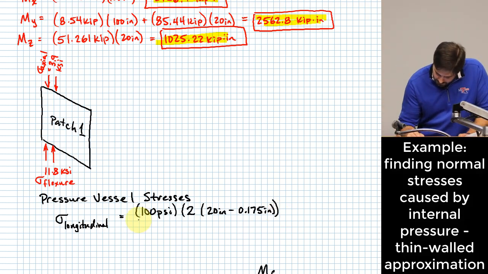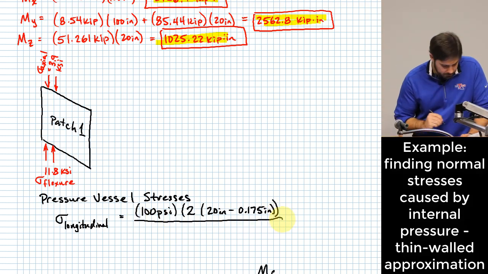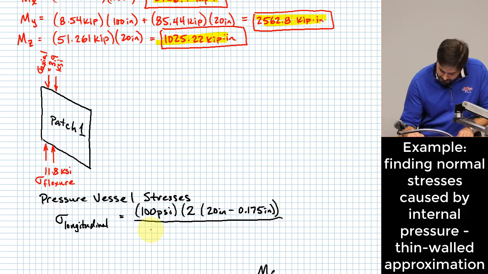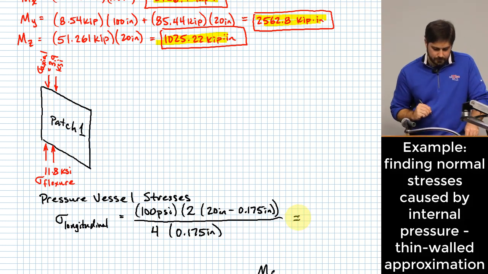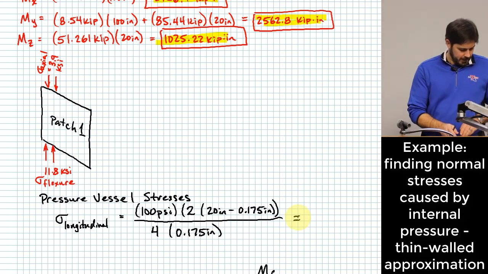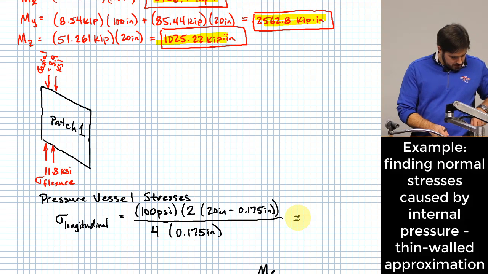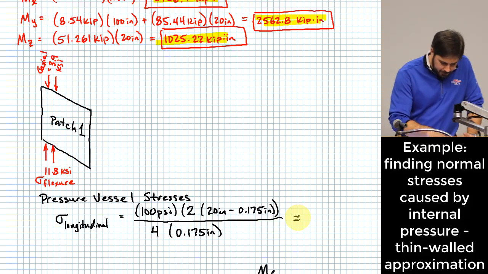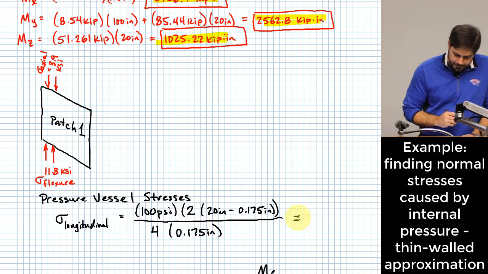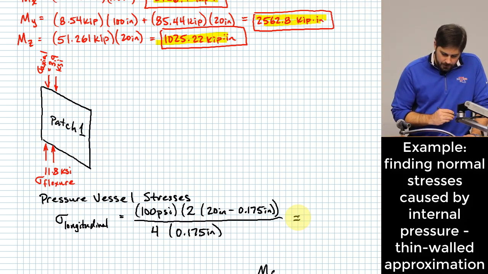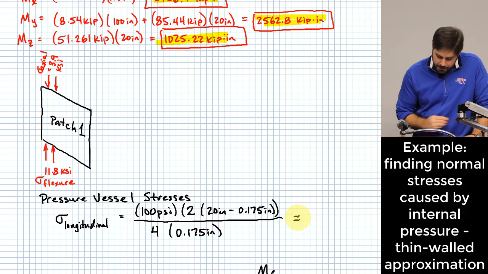Then what do we have in the denominator? 4 times the wall thickness. And what I have calculated for that is 5,664.3 psi.